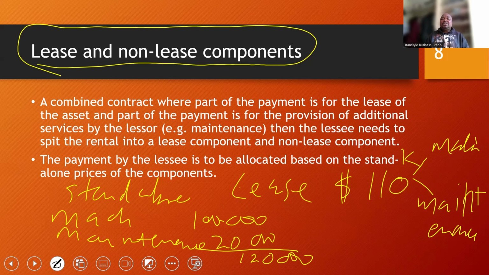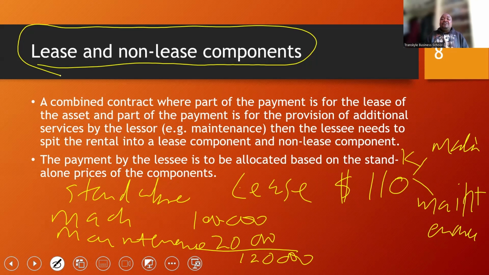These include the rental costs for the use of the machine, as well as the maintenance costs, because the company has got an expert dedicated to that particular asset, and that expert is difficult to get.